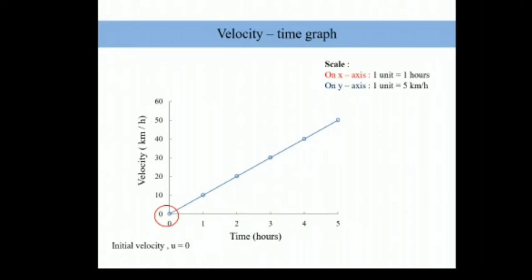For different values of velocity and time, we have put 5 points, 1 2 3 4 5, and then we have joined all these points with a straight line. So this is how the velocity time graph looks. This is not a displacement time graph.